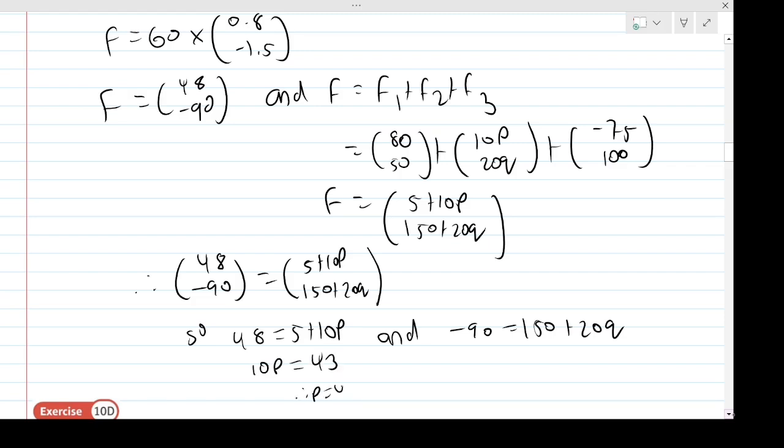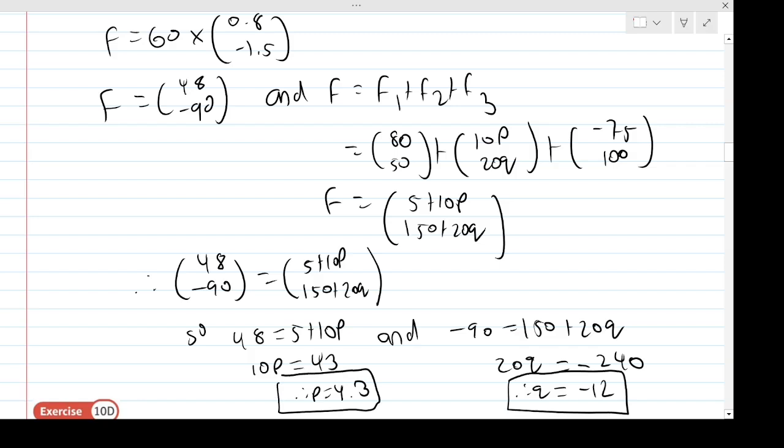So p is going to be 4.3, right? If we solve for q, well, 20q, if we subtract 150, we're going to get minus 240, I believe. Therefore, q is minus 240 divided by 20, which is minus 12. So that's my value for p and q there.